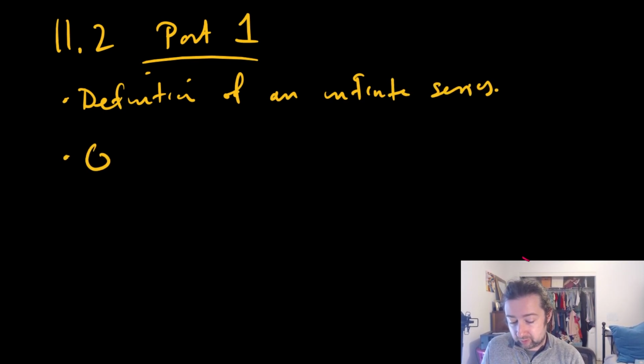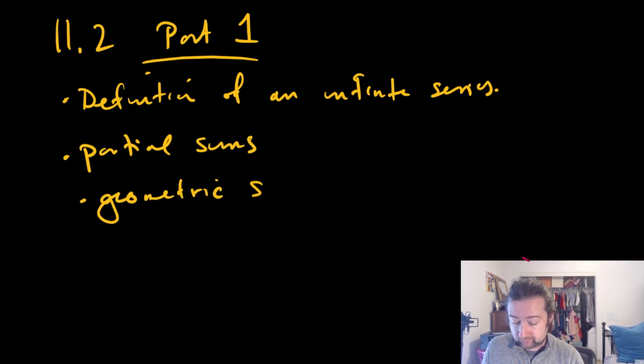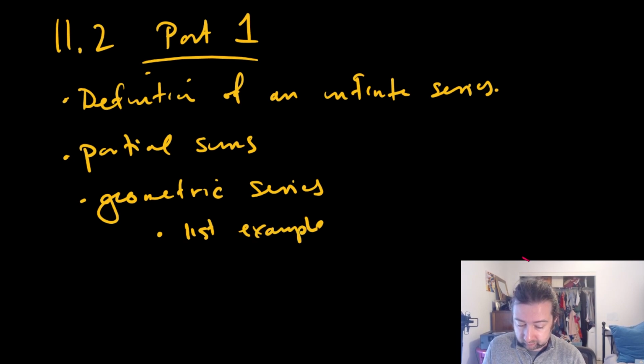We talked about partial sums. We talked about geometric series and their convergence and divergence. And then we looked at a numerical or a list example, a formula example, and a rational number.